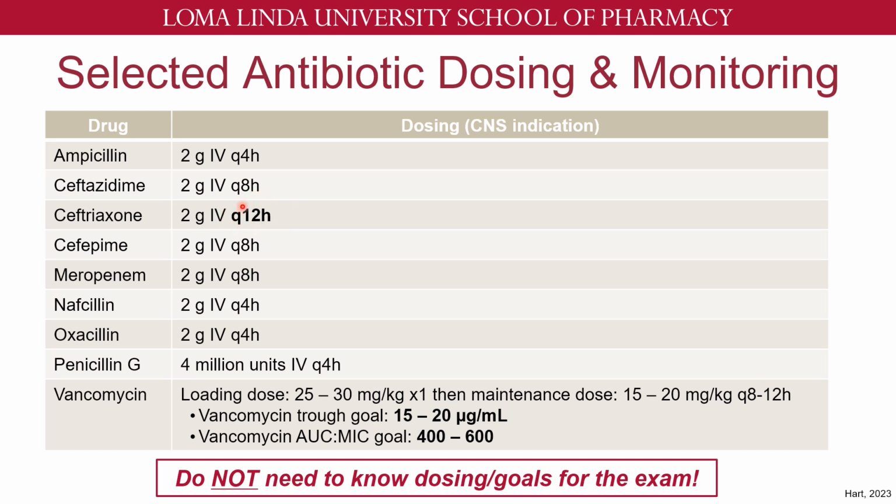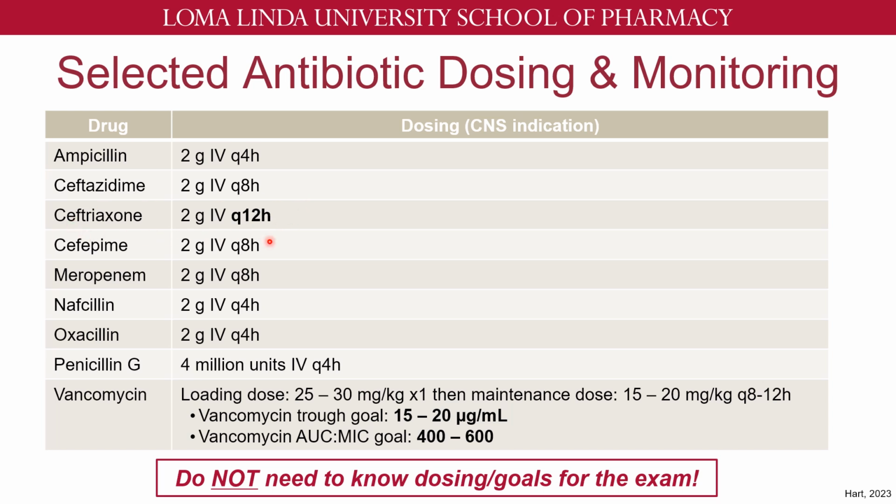So if you are working and verifying orders in a hospital and you come across an antibiotic with a CNS infection indication, please, please, please double check and make sure that the dose they are ordering is correct. Because a lot of times physicians may default to the standard dosing without knowing that you need more aggressive dosings for these agents to get into the CNS.